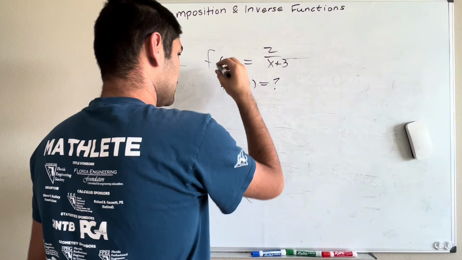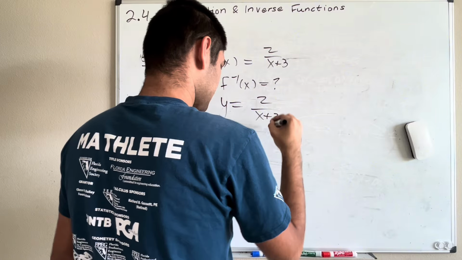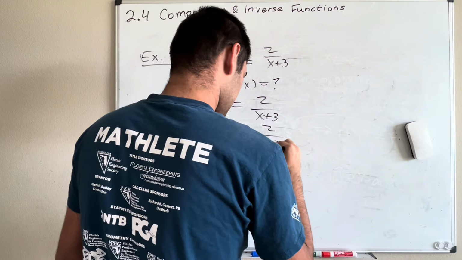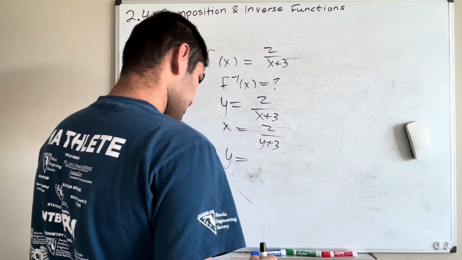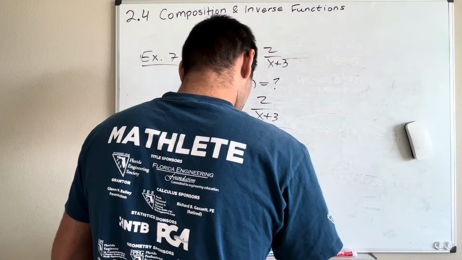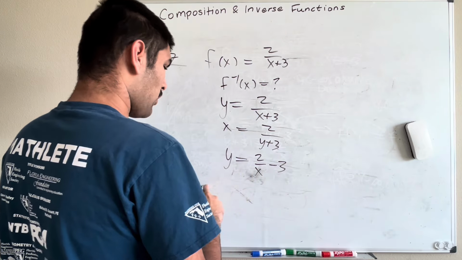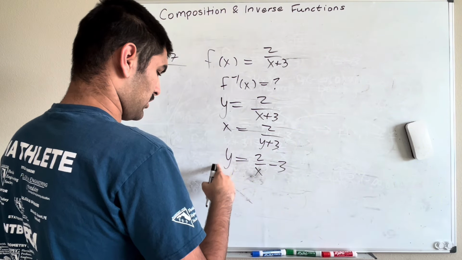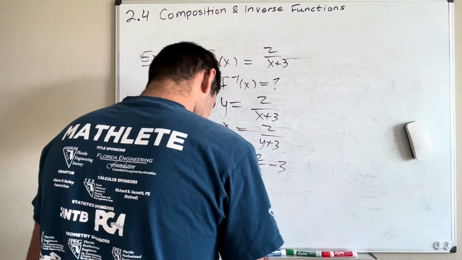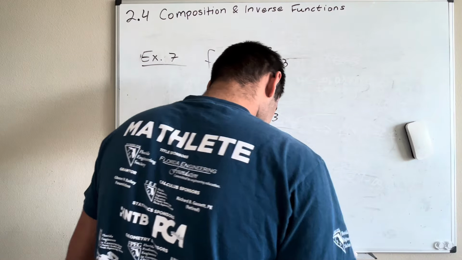First, replace f of x with y, so y is equal to 2 over x plus 3. And then switch x and y, so x is equal to 2 over y plus 3, and then solve for y. You get y is equal to 2 over x minus 3. And it's always good practice to use inverse function notation when you're dealing with these functions. So f inverse of x is equal to 2 over x minus 3.